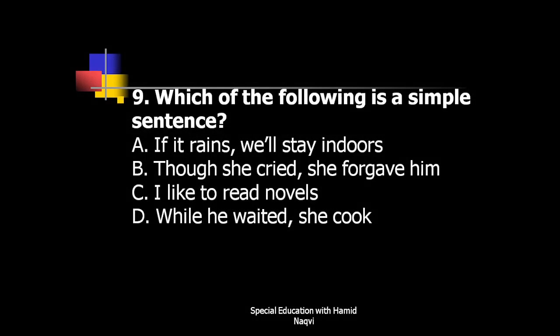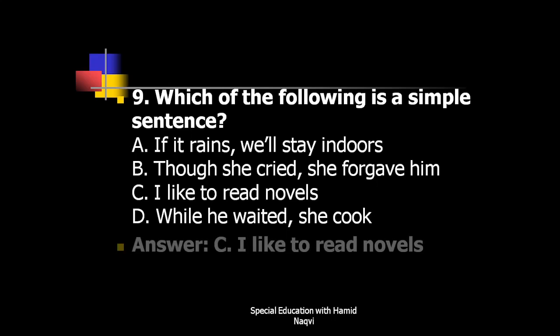Which of the following is a simple sentence? If it rains, we'll stay indoors. Though she cried, she forgave him. I like to read novels. While he waited, she cooked. Answer is C. I like to read novels is a simple sentence.